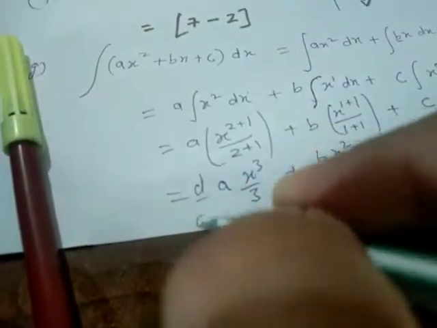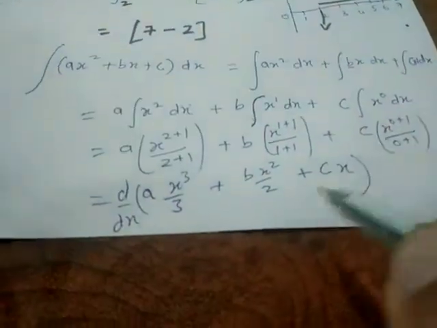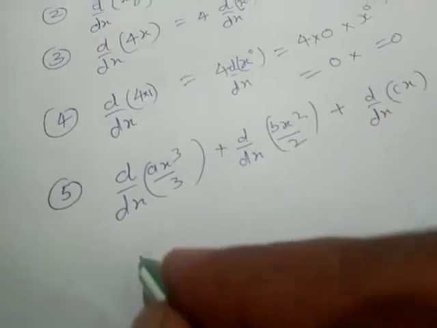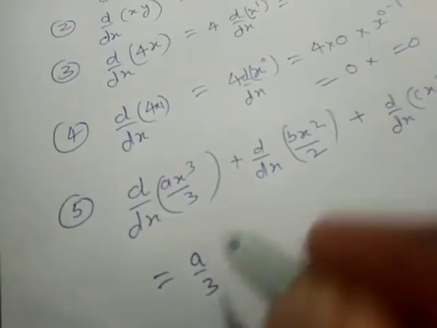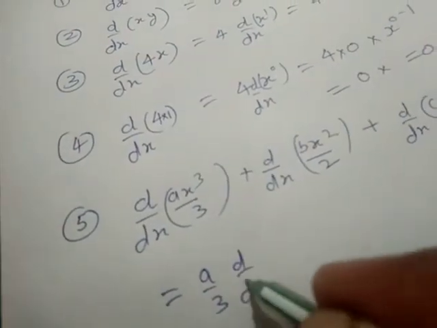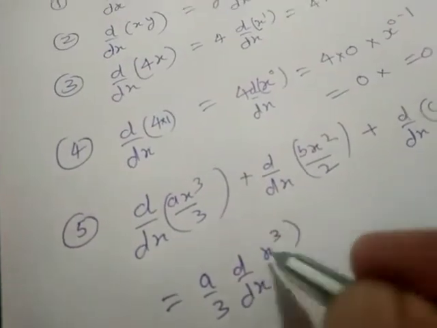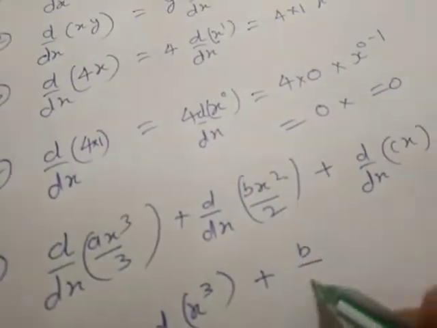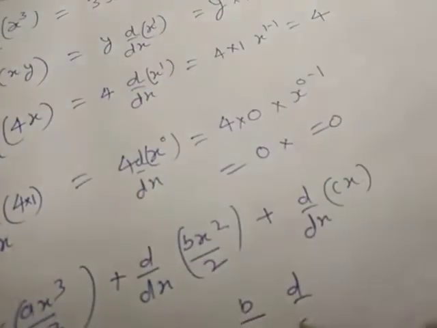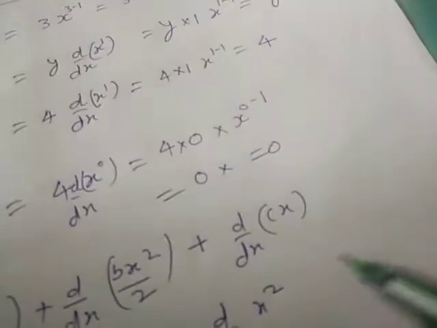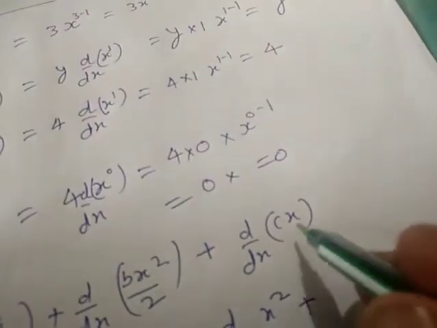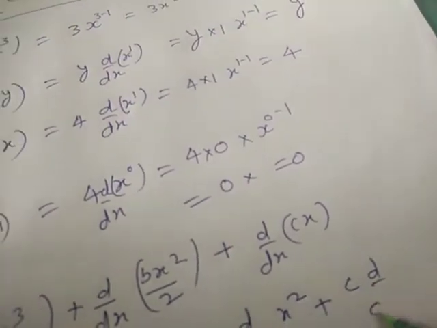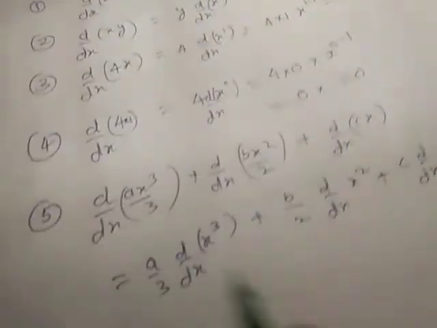So we are differentiating this whole expression, three terms. Here a and 3 are constant, so a by 3 d over dx x to power 3, plus b by 2 is constant, d over dx x to power 2, plus c is constant, d over dx x to power 1.